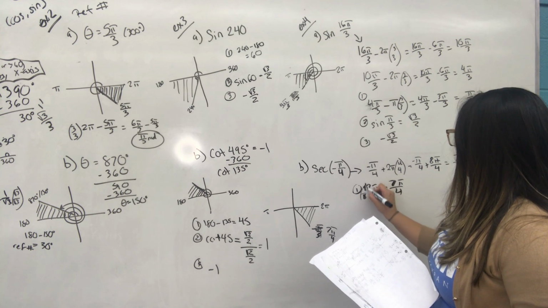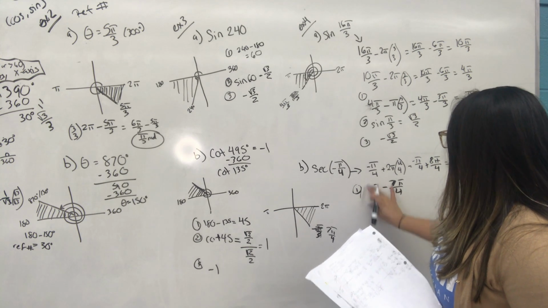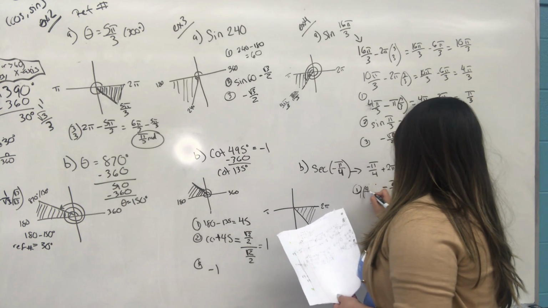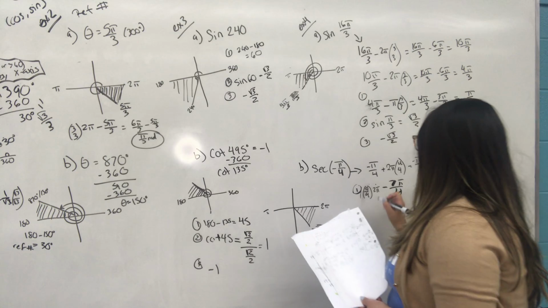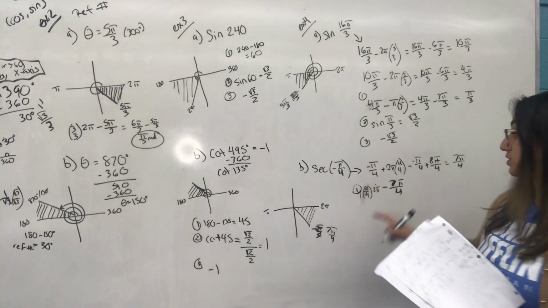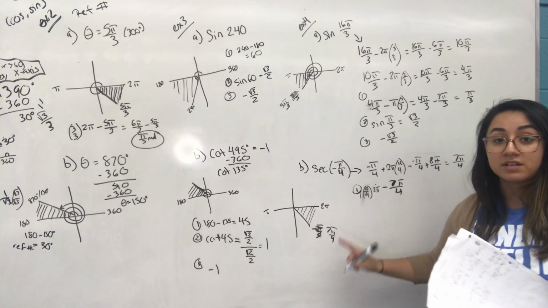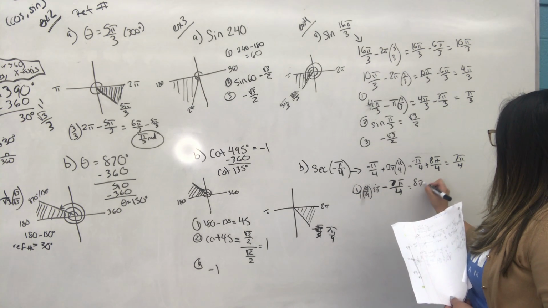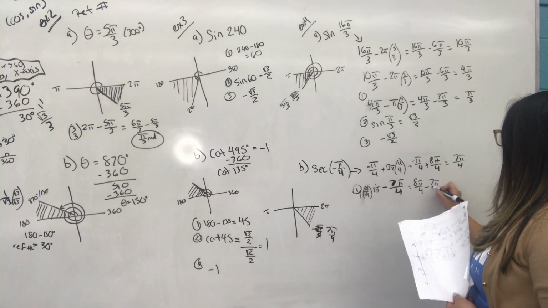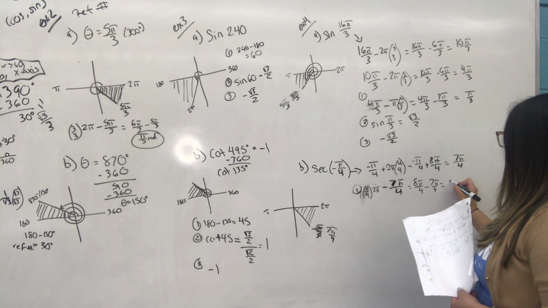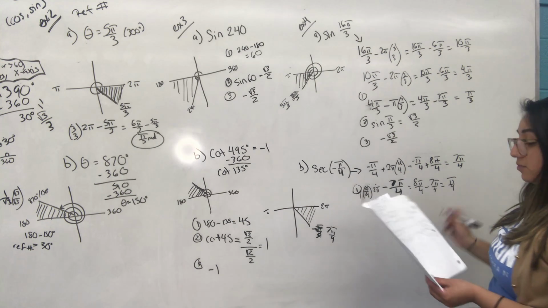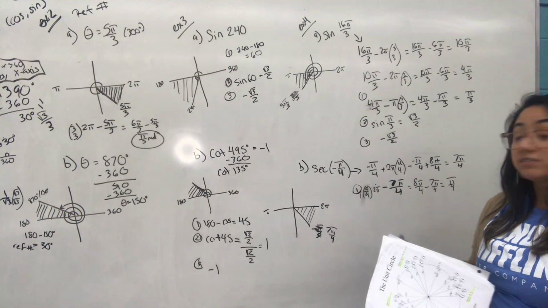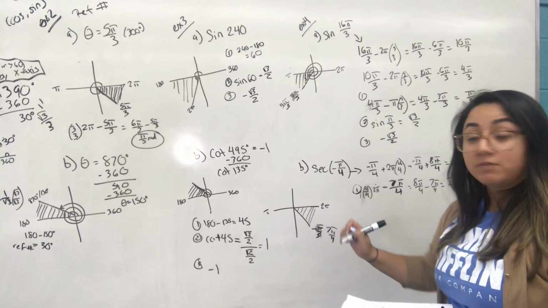Multiply top and bottom by 4. And we're trying to find the reference number. So we did this to find a number within the graph here. Now we're finding the reference number. So we get 8π over 4 minus 7π over 4. And if you see, you have just π over 4. π over 4 is considered 45 degrees. But we're keeping everything in radian form.